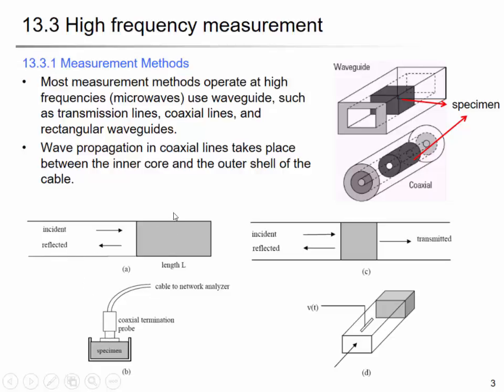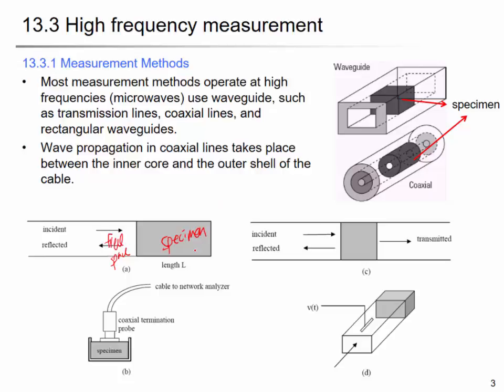So let's say that this is the specimen, the gray area. Then when there's an incident wave generated from the probe, there's a reflection because of the impedance mismatch. So this will be the free space, and this is the specimen.